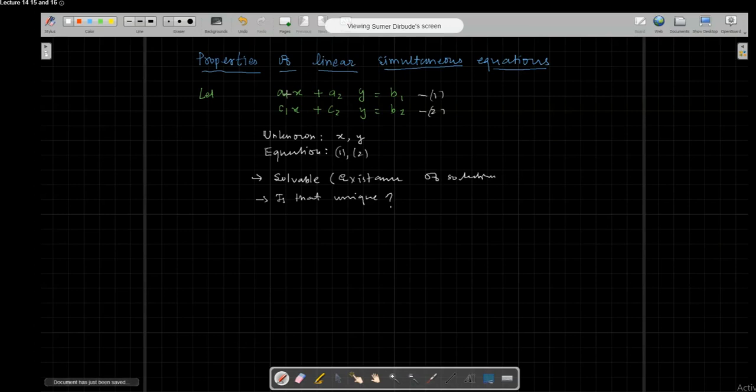These are like equations of lines, for equations 1 and 2. We may get the following situations.